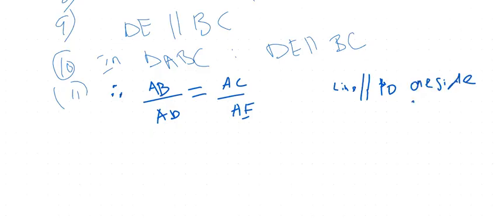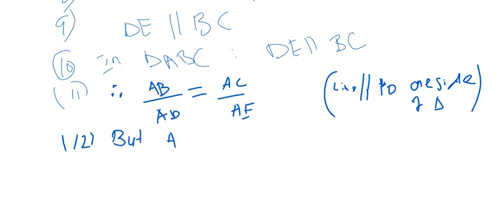So the point 12, we can say that AD equals PK, all right? And AE equals PL, all right? This is a construction.